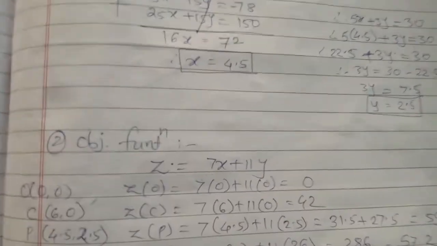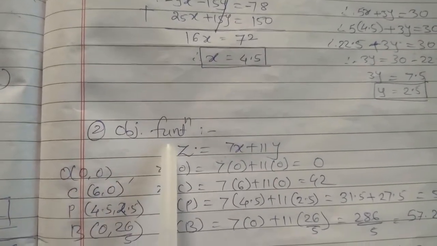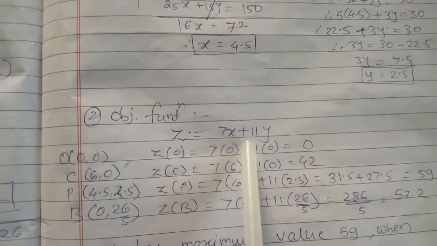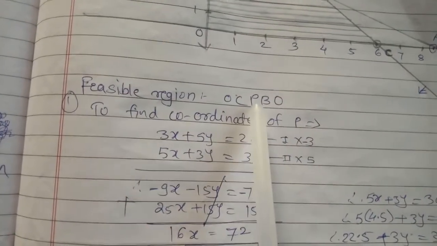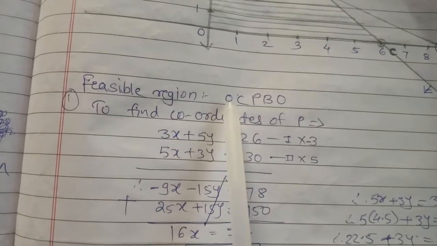Now the next step is to find out the solution. For that purpose, we have to take the objective function, that is z equals 7x plus 11y. And now we're going to write down the points, that is O, C, P, B. O is repeated here, so we just write it one time.